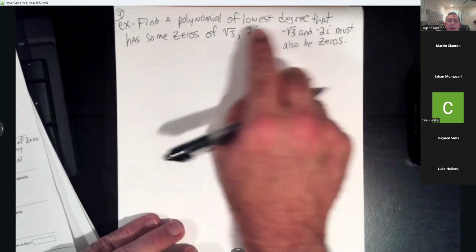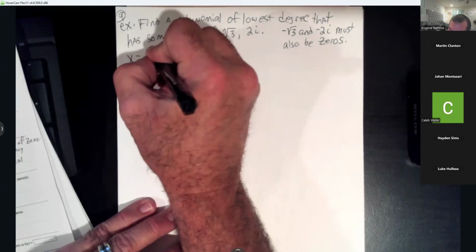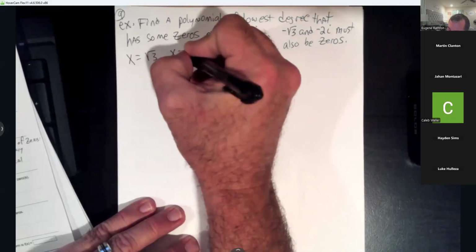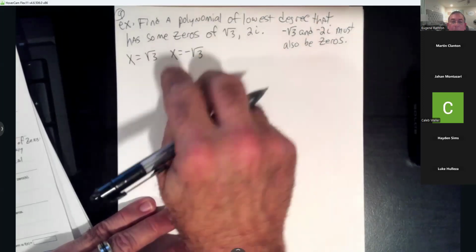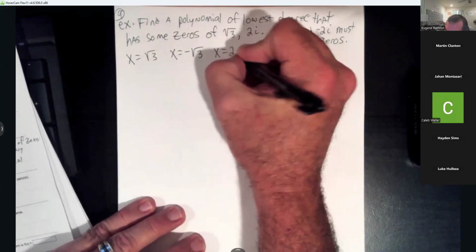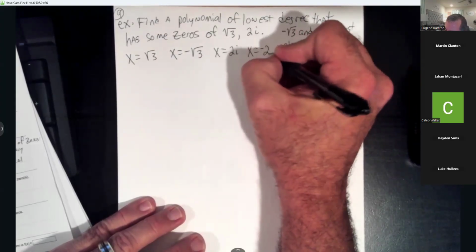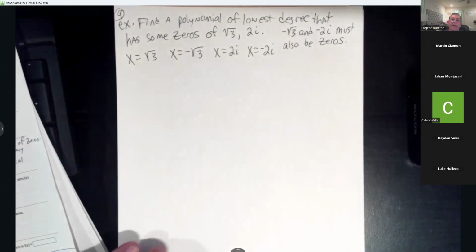So we're going to start out x equals square root of 3, x equals negative square root of 3. I'll put my radicals together, then my imaginary: x equals 2i, x equals negative 2i. So I got 4 zeros, so when we're done, my highest exponent has to be 4.